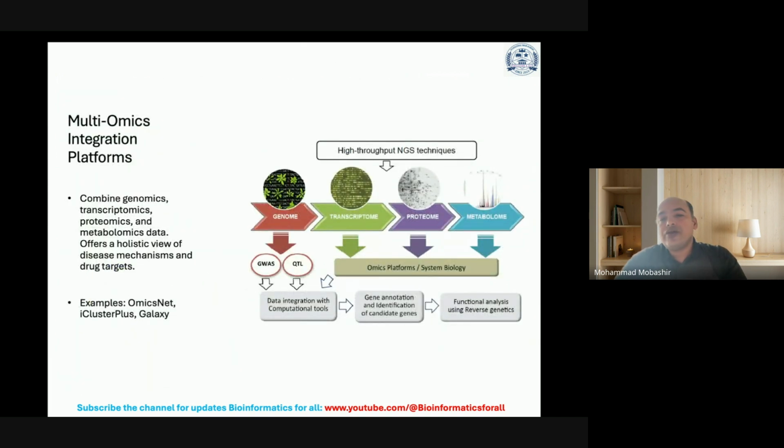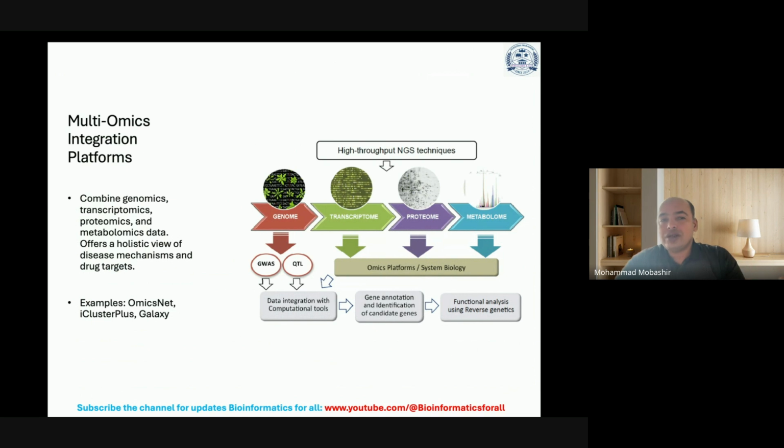So here, this is one of the finest examples of data science. If you are interested to work in the health sector or biological research areas, then multi-omics integration platform is one of the best examples for data science. So combine genomics, transcriptomics, proteomics, metabolomics data.